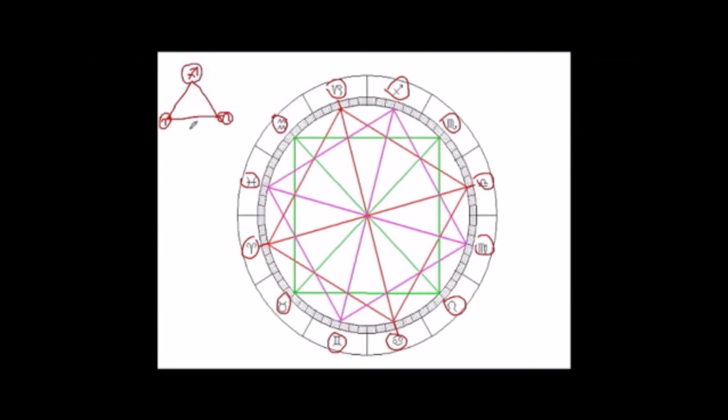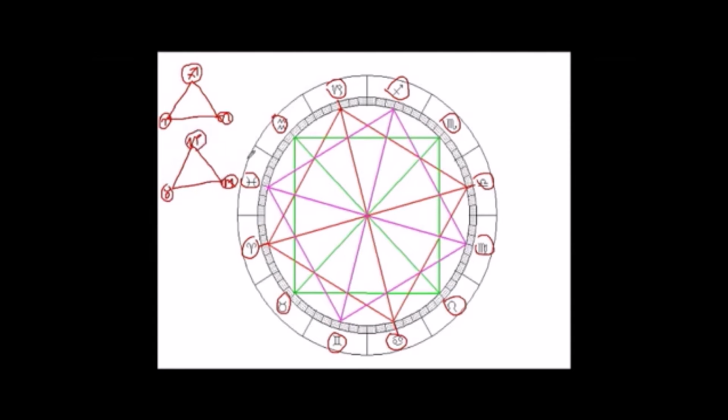Sagittarius is mutable fire. The earth signs, Taurus, Virgo, and Capricorn. Taurus is fixed earth, Virgo is mutable earth, Capricorn is cardinal earth.